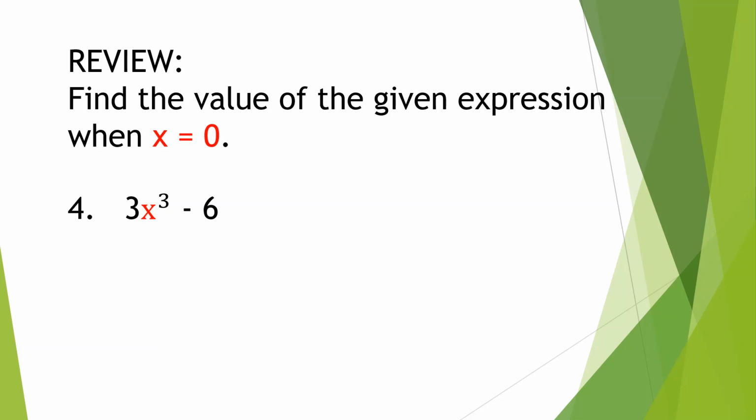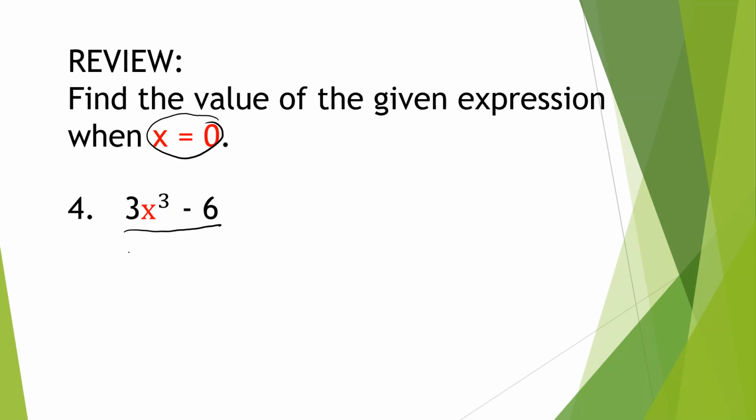Number 4. Find the value of the given expression when x is equal to 0. The given expression is 3x cubed minus 6. Since x is equal to 0, substitute x with 0 in the expression first.